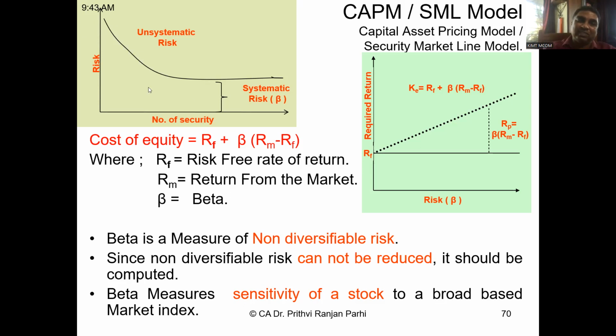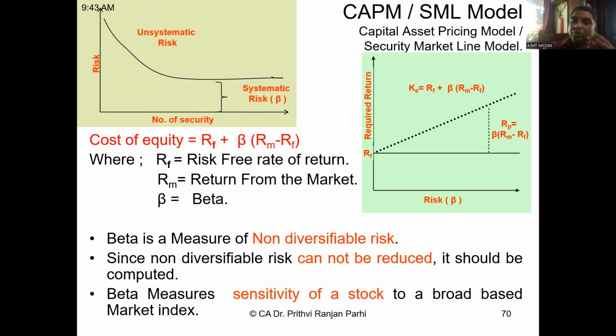That risk we call systematic risk, because by increasing the number of securities, you cannot reduce it. What we can reduce is called unsystematic or controllable risk. This risk you can control. Now we have understood that the entire risk is divided into two parts: one is systematic, the other is controllable or unsystematic risk.